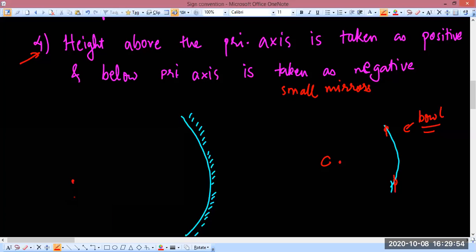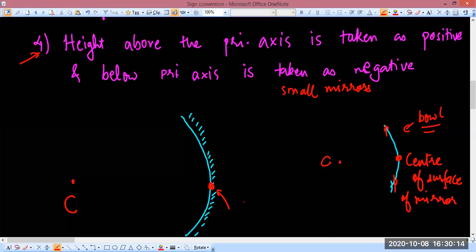And here is some point C. And if you consider this point, which is at the center of surface of mirror, be careful, there can be confusion here. There are two centers, right? This is the center of surface of mirror, and this is the center of sphere. Clear?